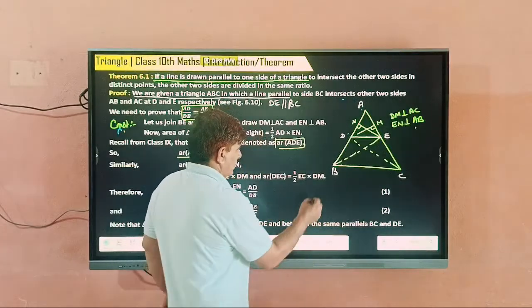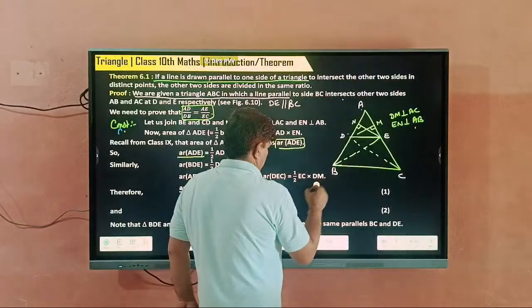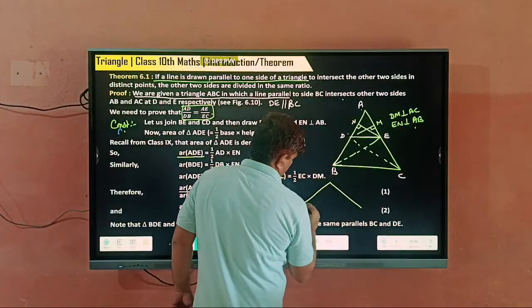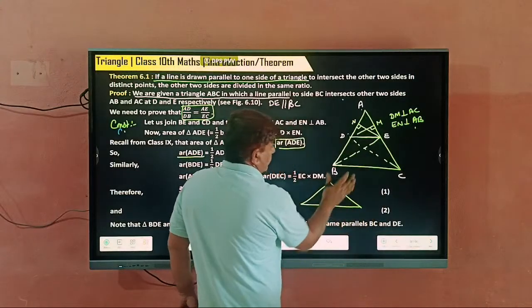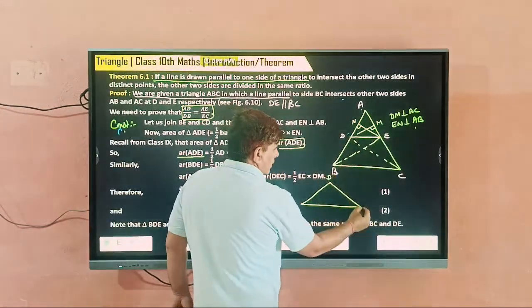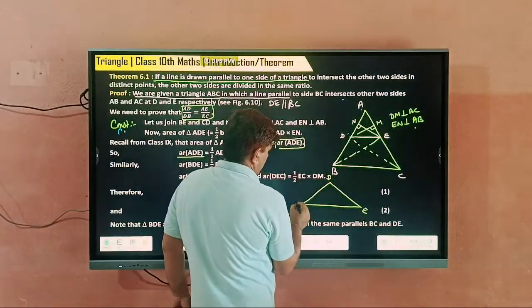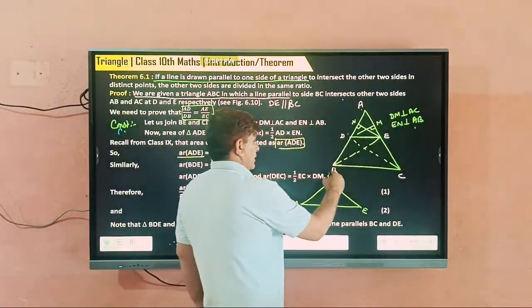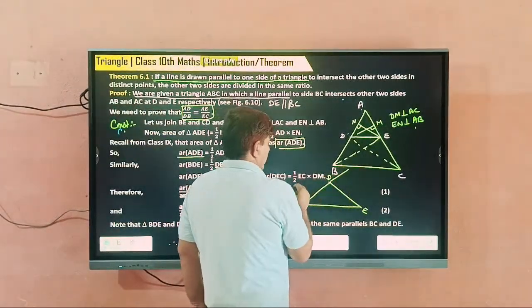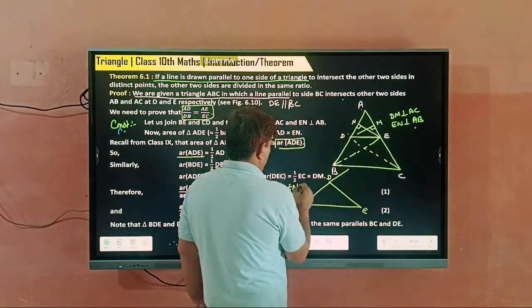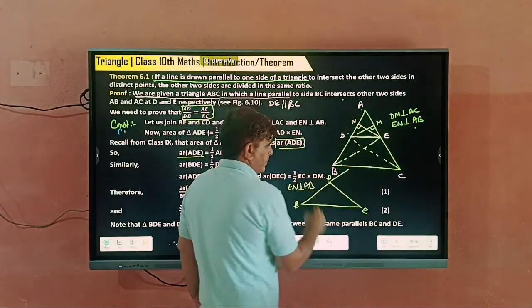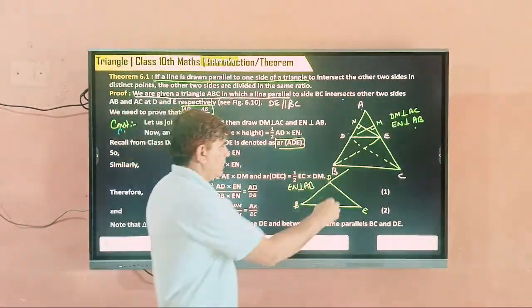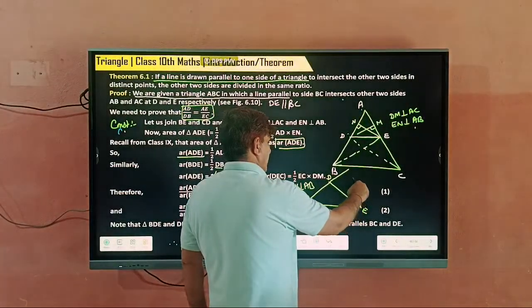This triangle is like this. Put it here: this is point D, this is point E, and this is point B, and this goes like this. EN is perpendicular to AB. So if it is an obtuse angle triangle and you are asked to find its height, the height is always like this, the perpendicular.